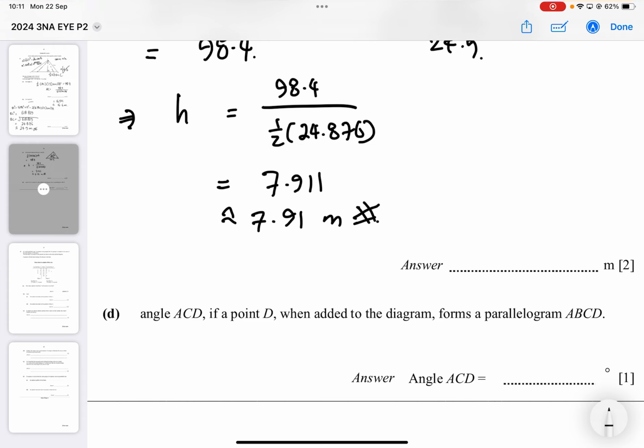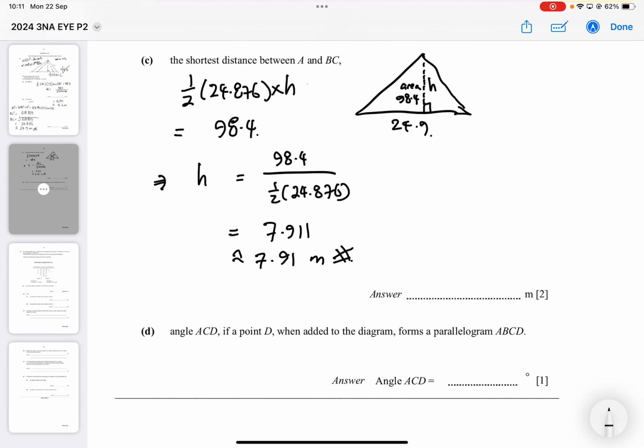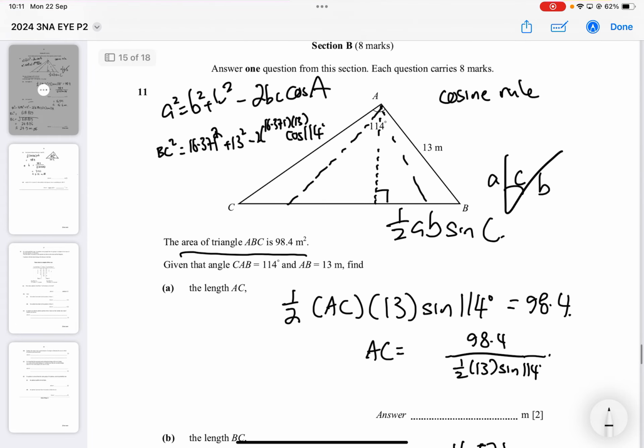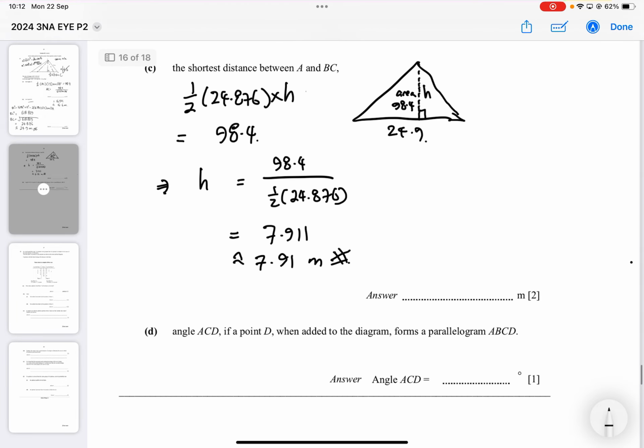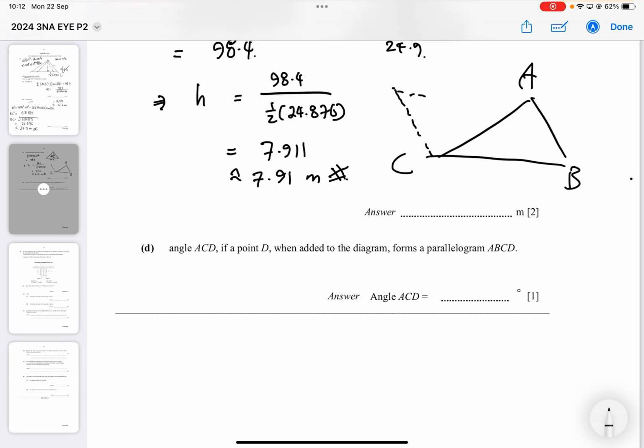Parallelogram A, B, C, D. Okay, for part D, when you want to form a parallelogram A, B, C, D, so the naming A, B, C, then you must go there.